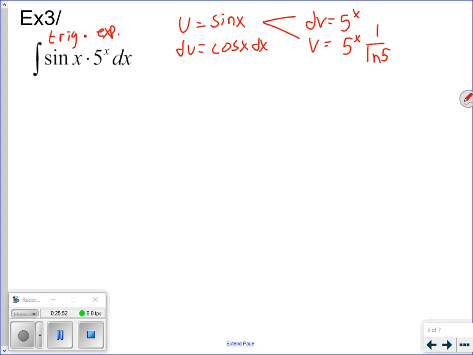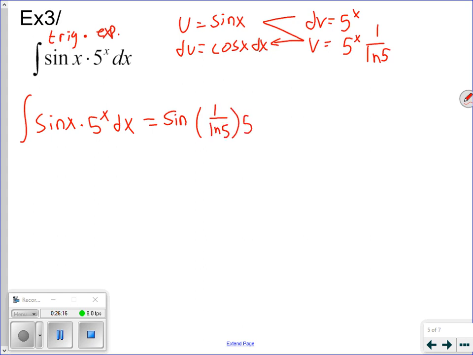Okie dokie, so we're going to do integration by parts. And remember, my suggestion for these is to rewrite the problem, because we're going to end up having to repeat ourselves so much before we combine like terms. So this is equal to uv, so that's sine of x, times 1 over ln of 5 times 5 to the x.